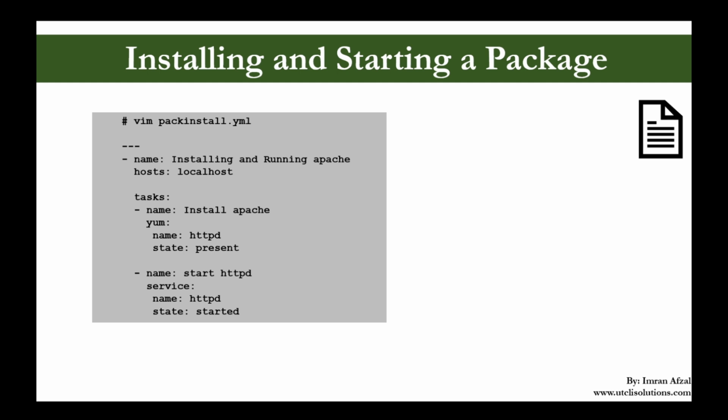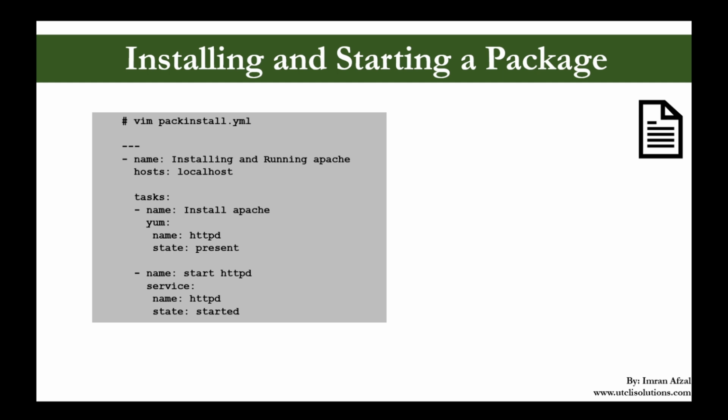These are the few things that you have to remember. If you do not remember these options, then you could go back to the documentation, go to the module for yum, or go to the module for service, and then you could see what options are available to you and whether you should use the state started or stopped or present, where you should use it and where you should not. All right, that's about it.